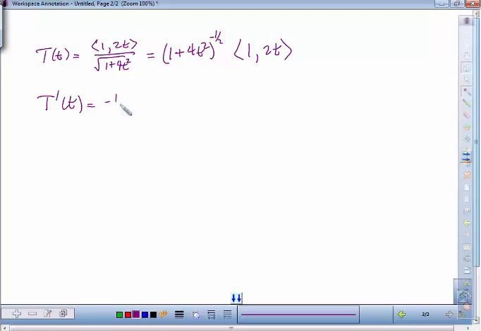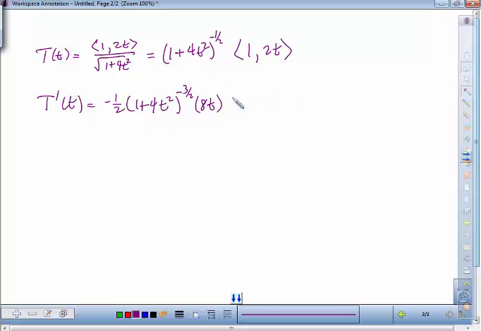So negative 1/2, 1 plus 4t squared to the negative 3/2 times the derivative of the inside, which is 8t.